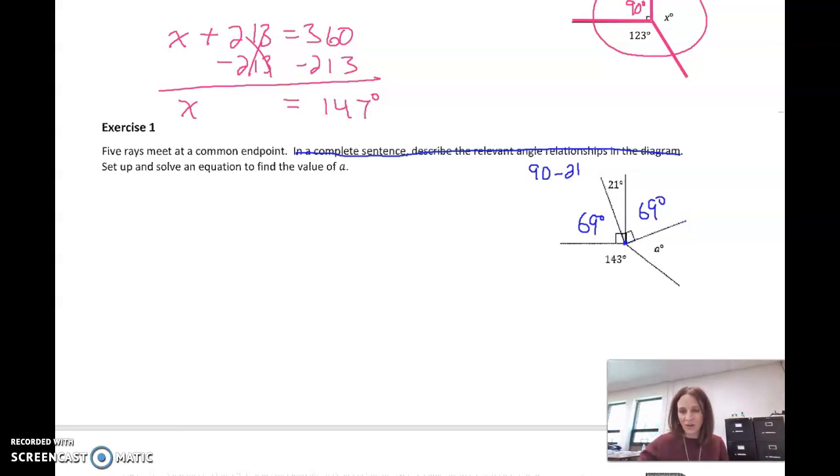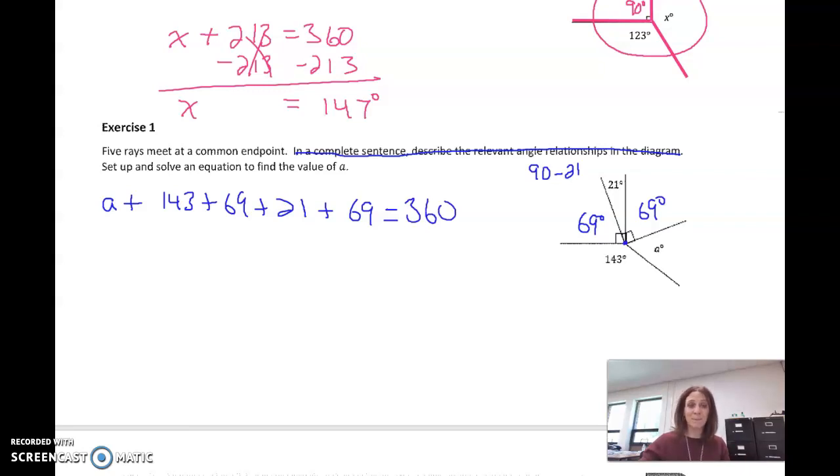By doing that, we have this is 69, this is 21, 69, A, and 143. And since they're all put together to make a circle, that's 360 degrees. So we can just add them together. I'm going to start with the A, plus 143. I'm just going to go around here. Plus 69, plus 21, plus 69. I think I got them all. That has to equal 360. I know we've been dealing with 90 and 180.